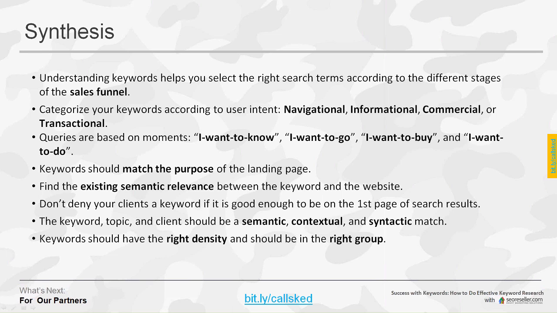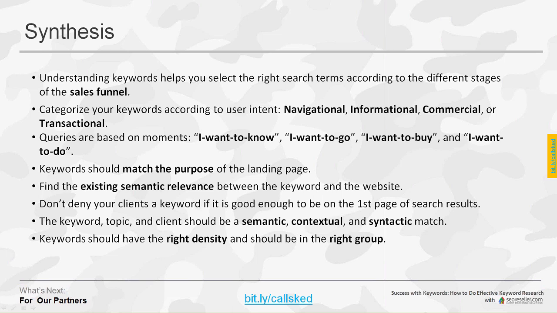You have to categorize keywords according to user intent, which is navigational, informational, commercial, or transactional. Or according to Google, I want to know moments, I want to go moments, I want to buy moments, and I want to do moments. Keywords should also match the purpose of the landing page. The purpose of the keyword needs to match the purpose of the landing page, or you're not very likely to rank.